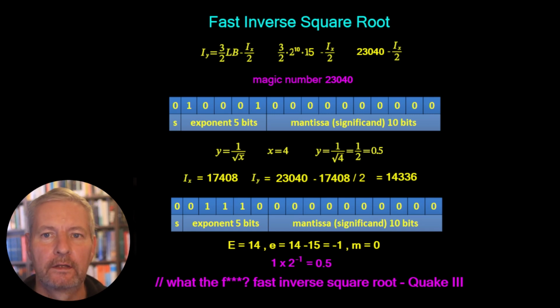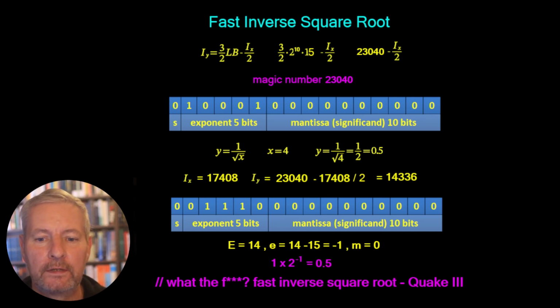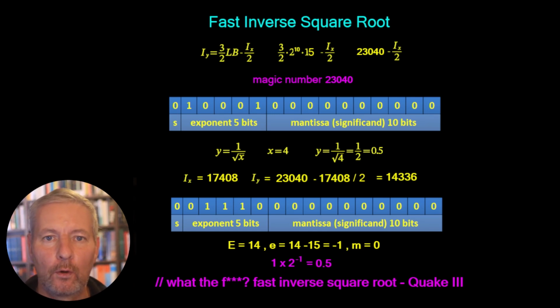I chose this method simply because it was a really interesting algorithm and quite a famous algorithm historically within computer science. The algorithm is called the fast inverse square root algorithm, and it first appeared in a game called Quake 3 Arena.